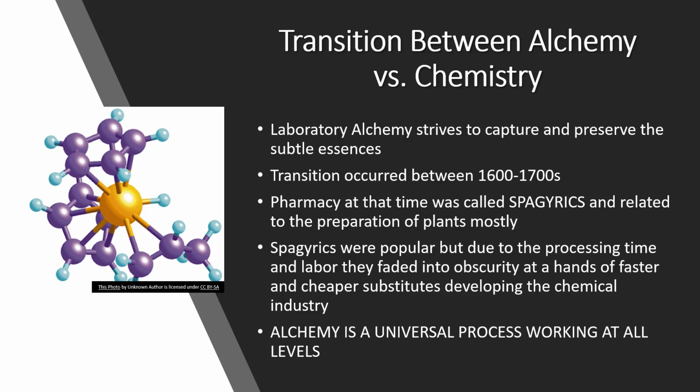Some writers say spagyrics is the work on plants and alchemy is the work on metals. In truth, alchemy is a universal process that works at all levels, whereas spagyric processes are fundamental to both. Alchemy, in addition, seeks to promote the matter's evolution. In a practical sense, spagyrics leads to powerful medicines for the body.